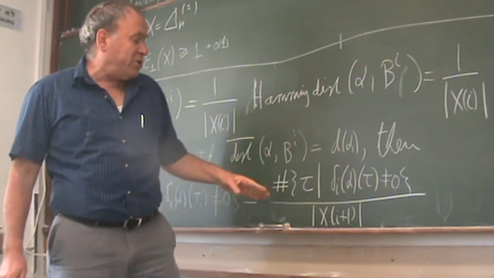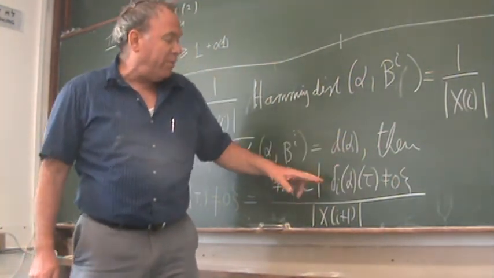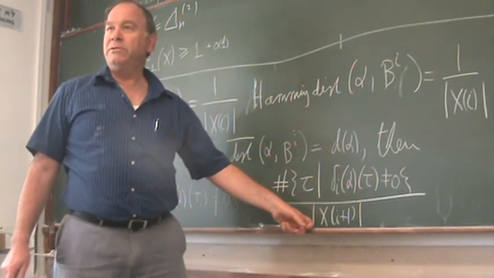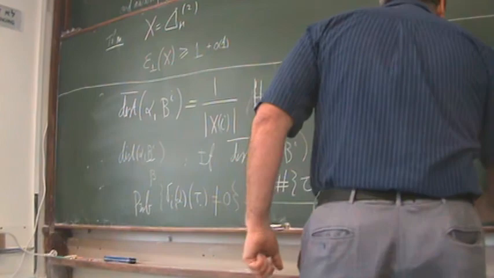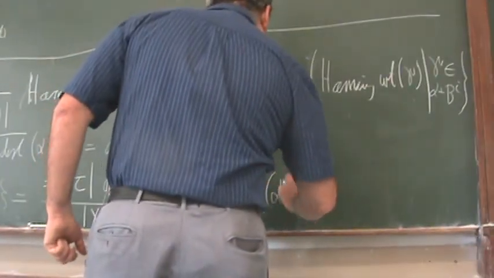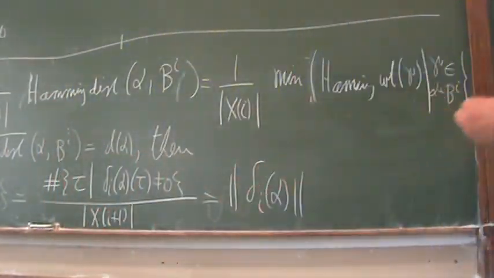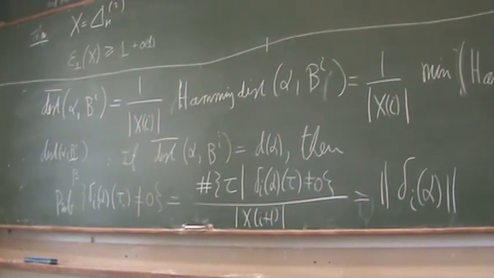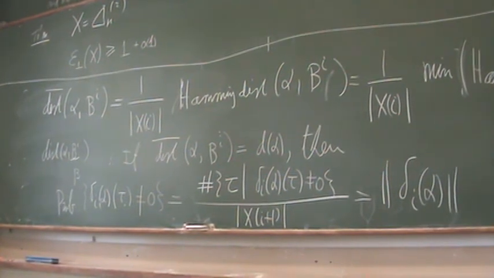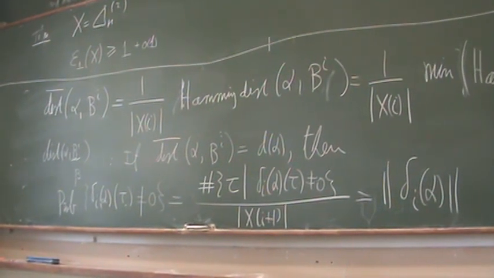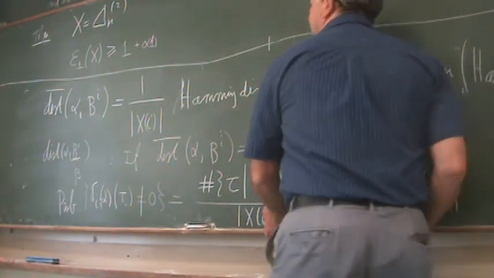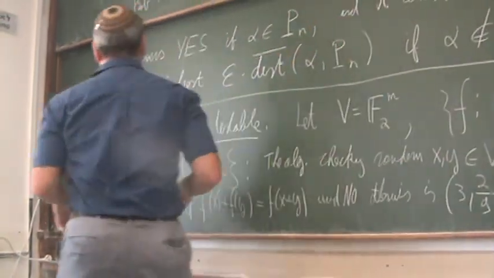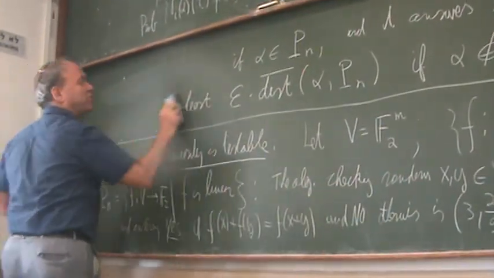The question is, what's the probability that I will pick one of them? This is the number of them divided by the total number, right? But this is exactly what we called before the norm of delta I of alpha. So the probability of failing a test is exactly the norm of delta I of alpha. That's independent of the structure of the complex.